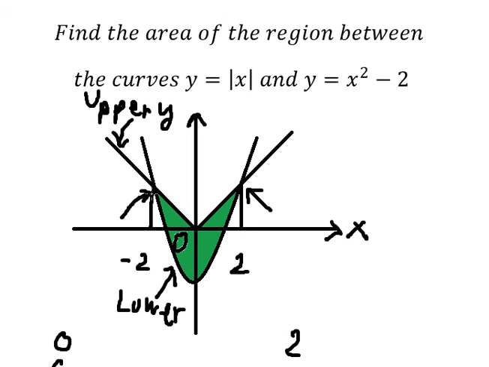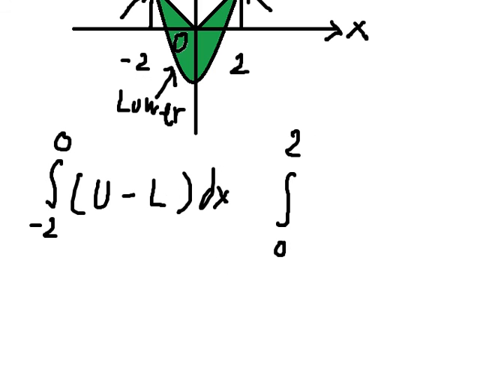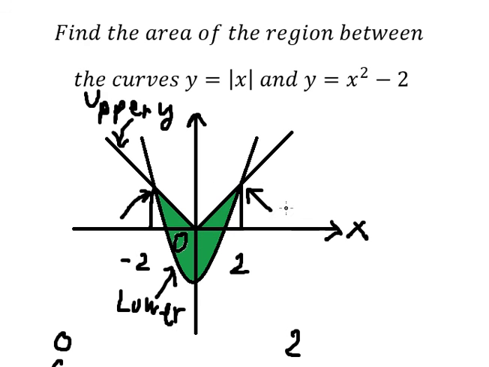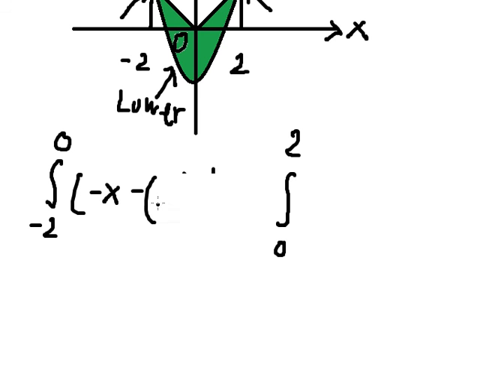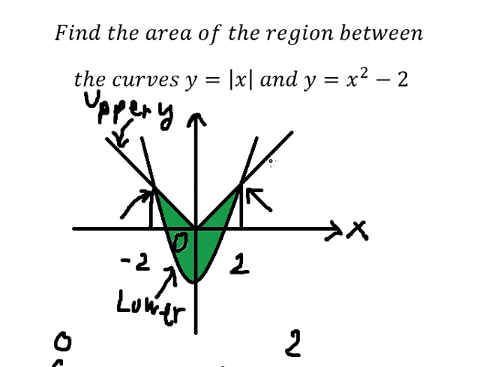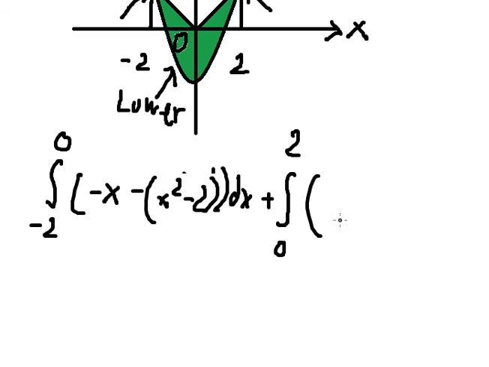The upper in here is negative x. About this one, that is about this one. Similar, this one is the upper, so we have x.